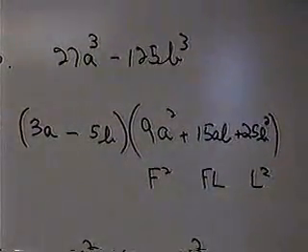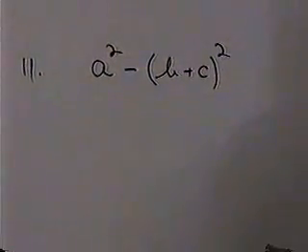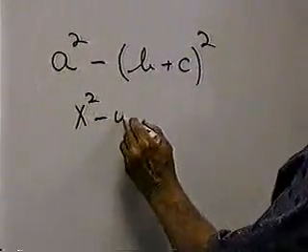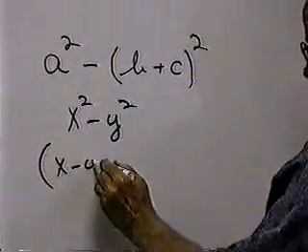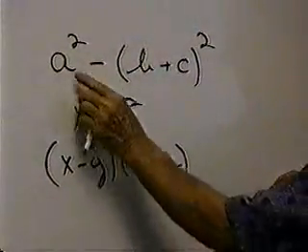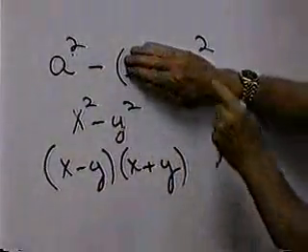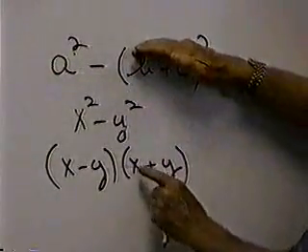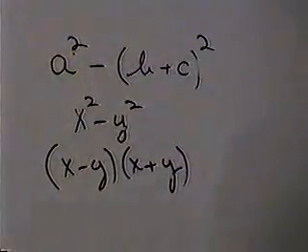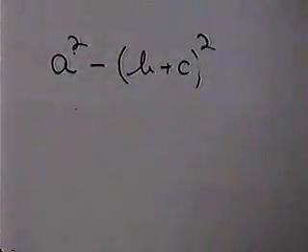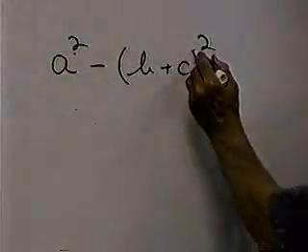Okay, here we go with the last one. Now, I'm going to put something down here, then I'm going to erase it before we do the correct one. If I gave you x squared minus y squared, then it would be x minus y and x plus y. If I have some object squared minus some object squared, then it's this object minus this object, and this object plus this object. Okay? So let's show you how easy this is if you'll think of the parentheses as an object.